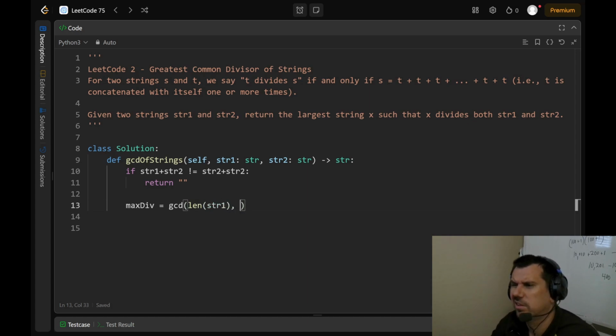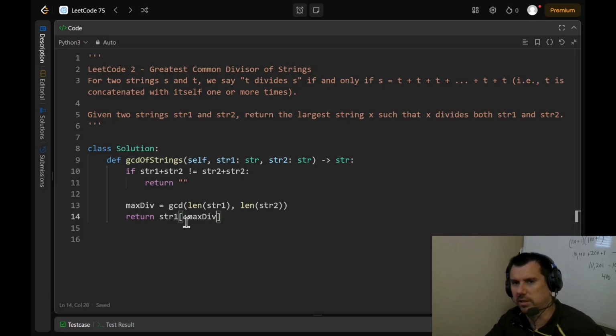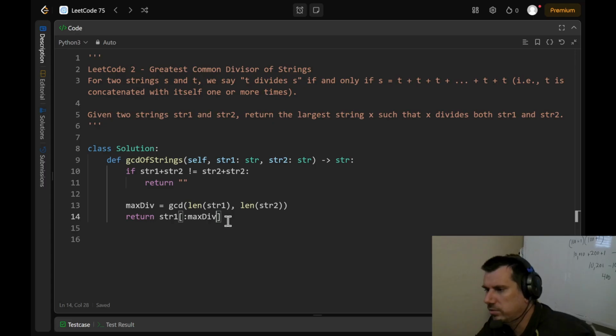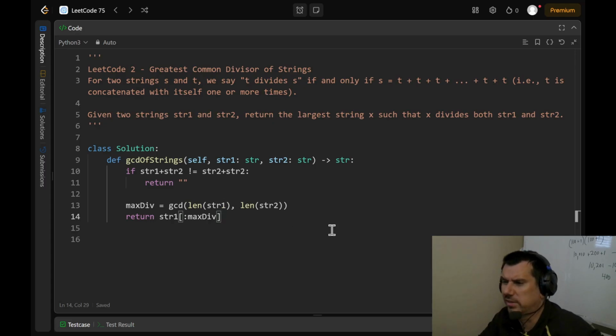So length of string 2, and then you would just return. It doesn't even matter what string you use because you're taking the GCD slice, so it exists in both of them, so it shouldn't matter.